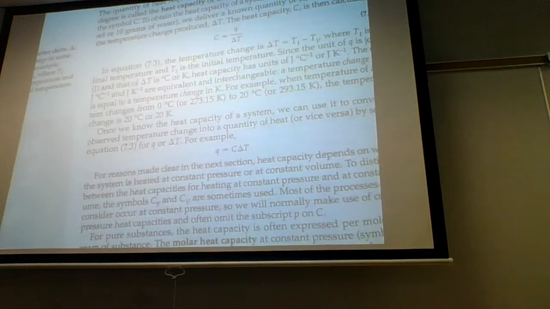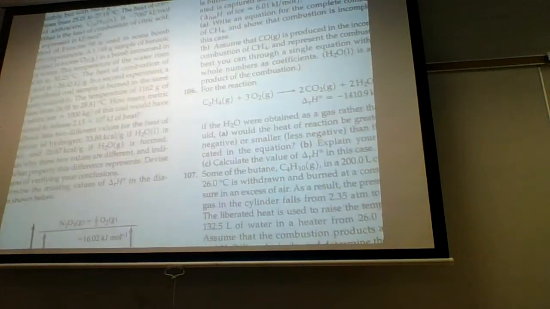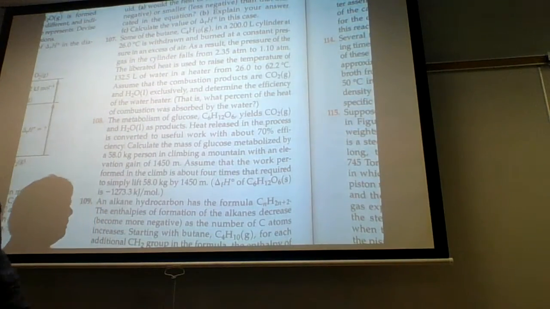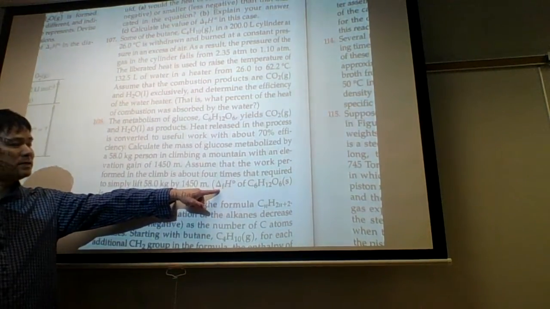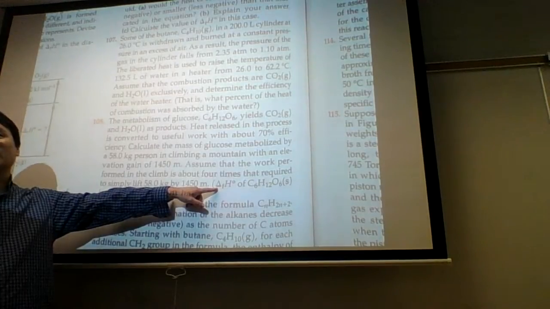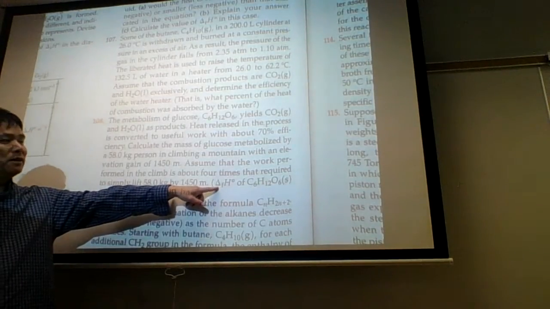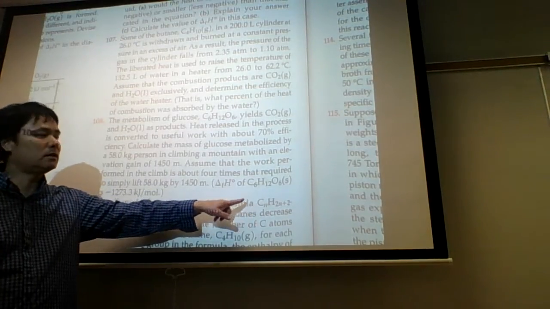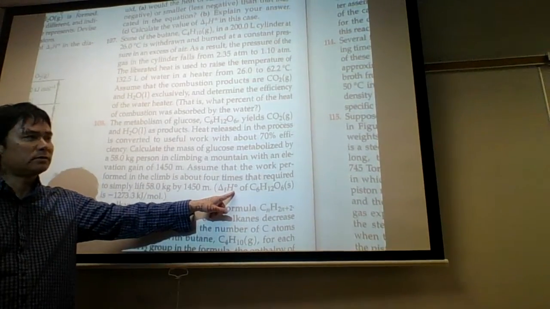Let's see if they gave it to us in the problem. And they did. In fact, a lot of people mistake this for the delta H of combustion. Is this delta H of combustion of glucose? No, this is delta H of formation of glucose.